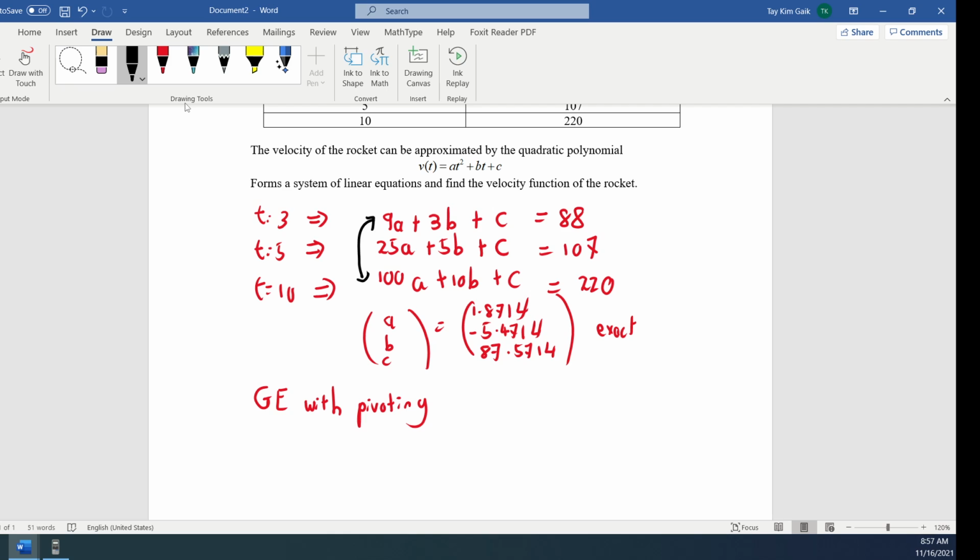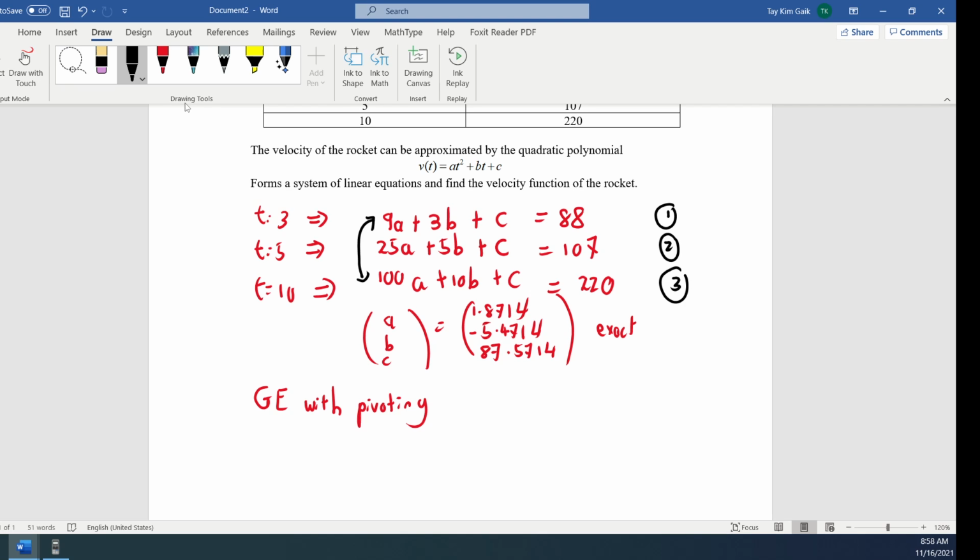For the system of linear equations, this is equation 1, equation 2, equation 3. Their position actually doesn't matter. Whether you make equation 3 number 1 or number 2 doesn't matter, as long as you move the whole equation.